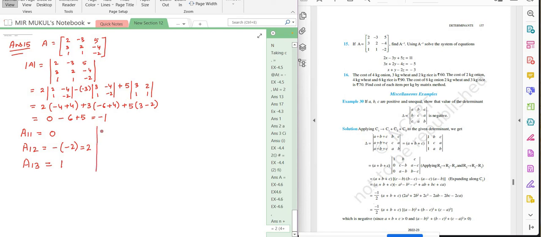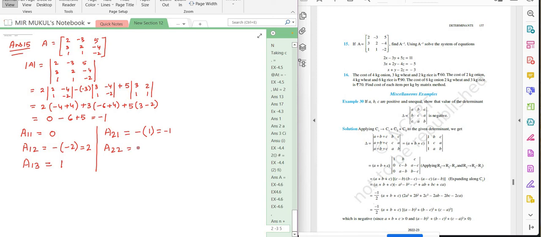Like that, very clearly you will find A21. Now A21. It will be first one positive, negative, positive, then this will be negative. So for second row and first column removed, 6 minus 5, that is 1. So we are getting minus 1. Then A22. The next will be positive. Second row, second column removed, then minus 4, minus 5.